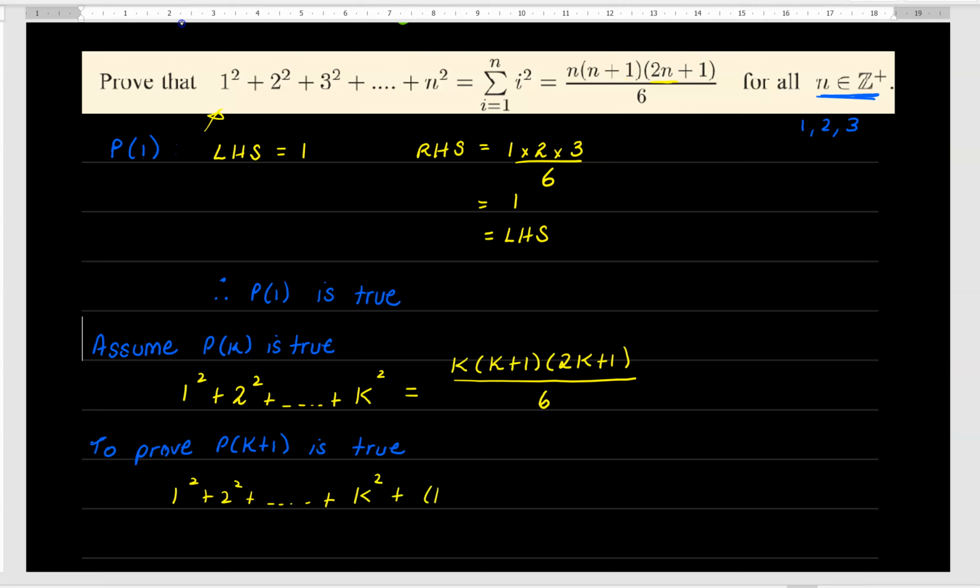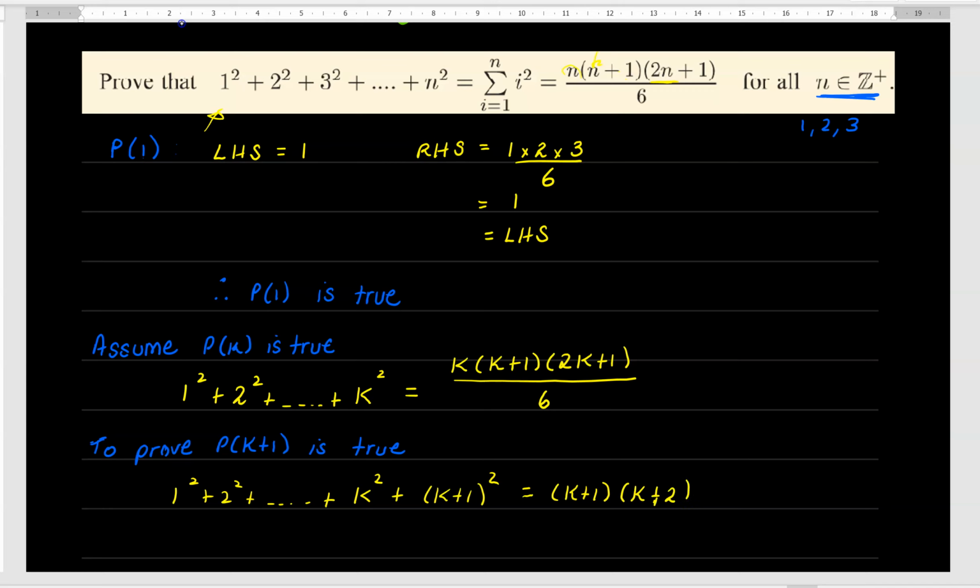Okay, and then the k plus first term would be k plus 1 all squared. Wherever n is, replace with k plus 1. And now our right-hand side, instead of n, is going to be k plus 1. And instead of n plus 1, it's k plus 1 plus 1, so it becomes k plus 2.